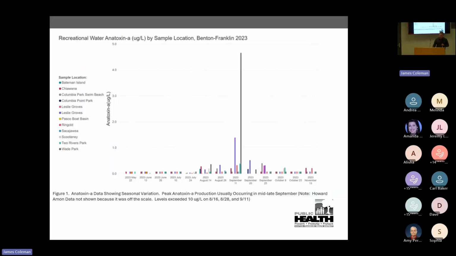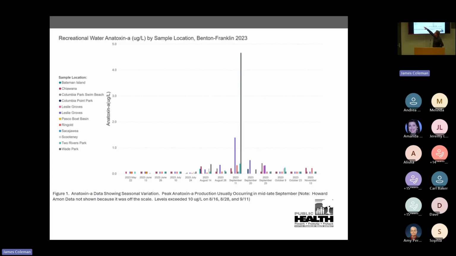So here is a kind of a trend of toxins in the Columbia throughout the summer. Sorry, the text is so small, but I'll describe it to you. On the x-axis, that is the timeline. On this end we have May. On this end we have November.